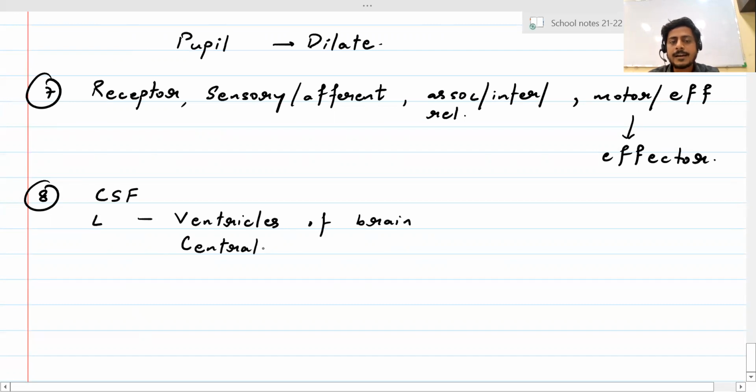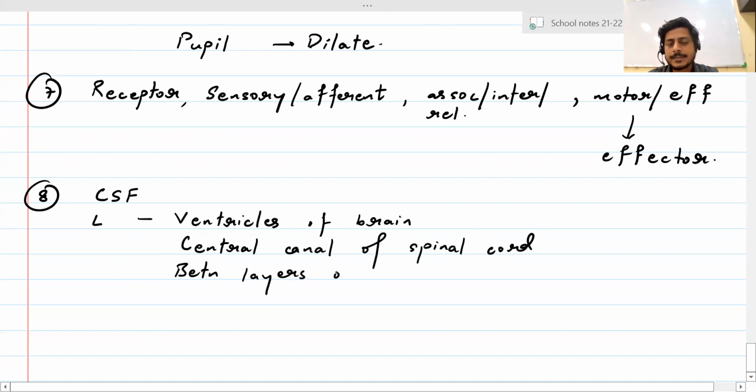Apart from that, you could write surrounding the brain, between the layers of the meninges. So these are a few locations that you could write for cerebrospinal fluid.